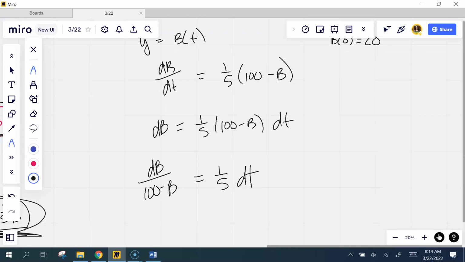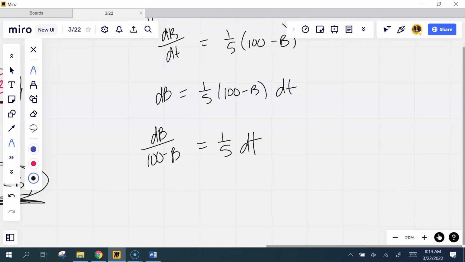The next point, what do you do from here? Well, yes, Dylan.